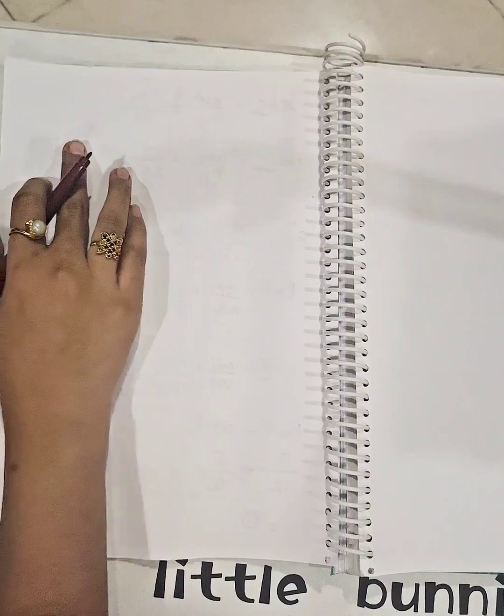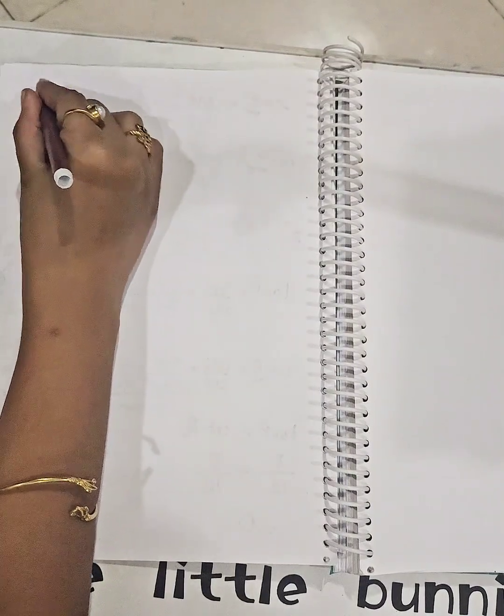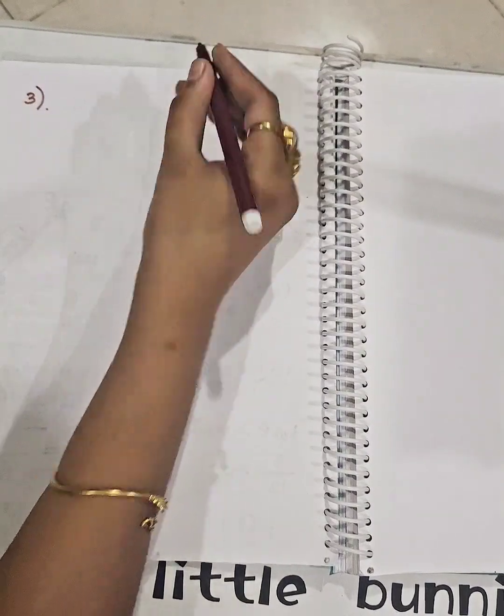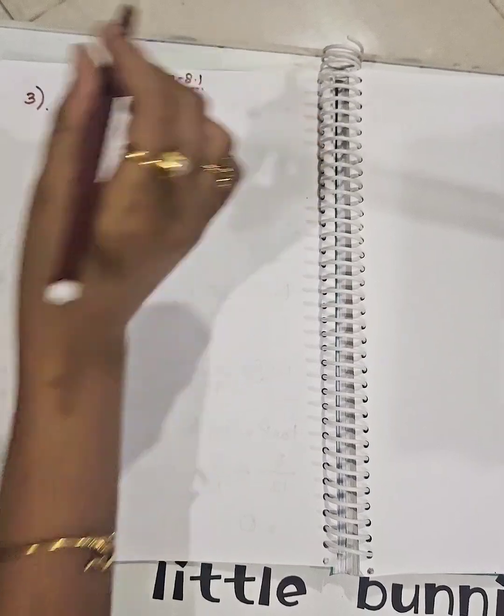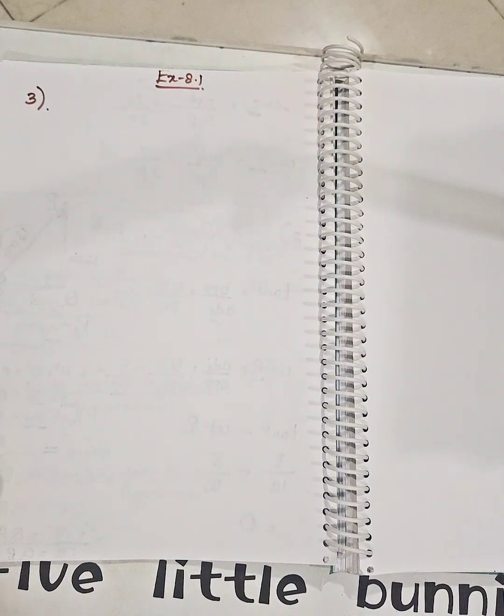So let's move on to the third question under exercise 8.1. So the third question, neither have they given the values nor did they give the triangle picture, but we should find it.